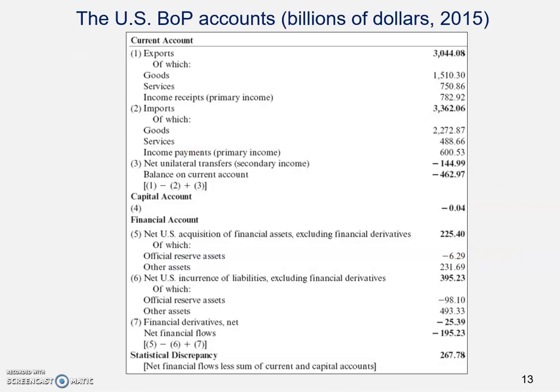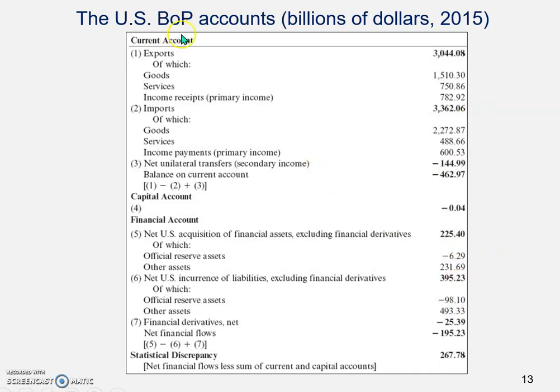All right, so here we want to take a quick look at the U.S. balance of payments accounts, the real world numbers in billions of dollars in 2015. By the way, these numbers can be easily found on the Bureau of Economic Analysis website.